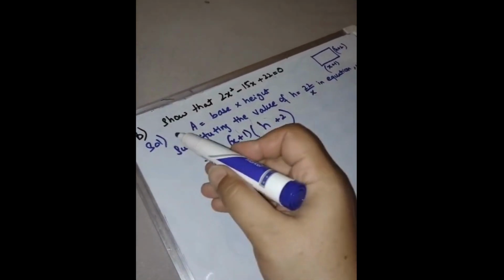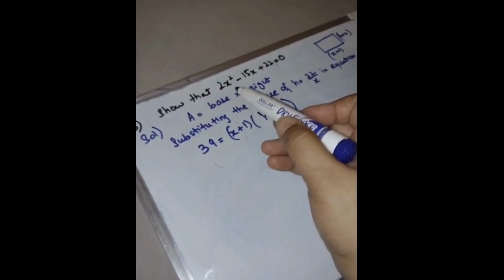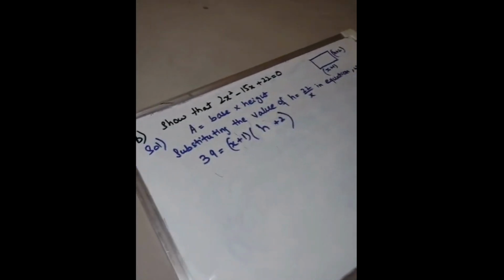In part B of this question, we need to show that 2x square minus 15x plus 22 is equal to 0.